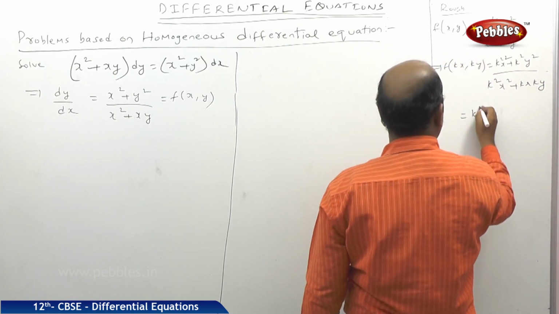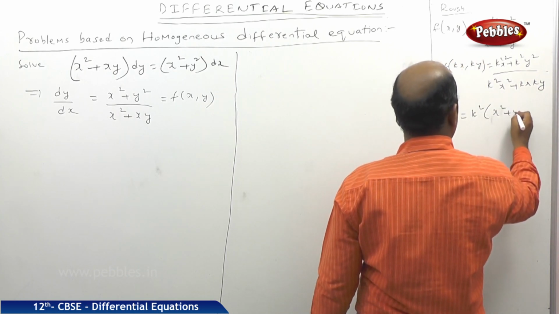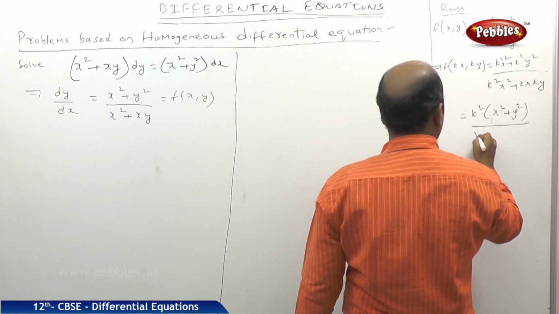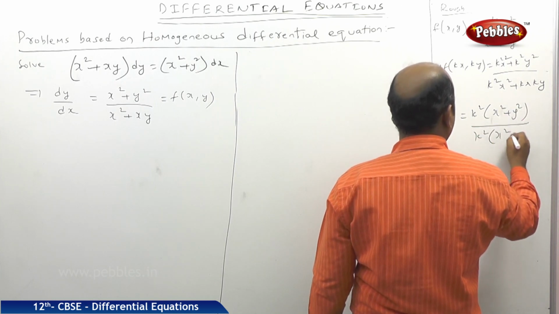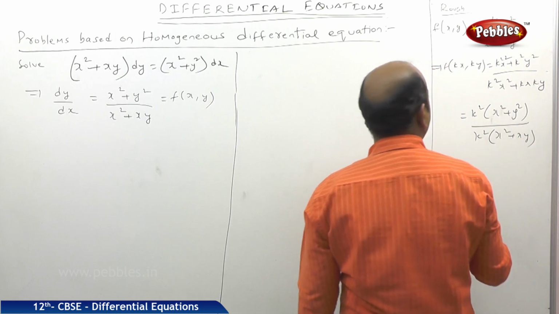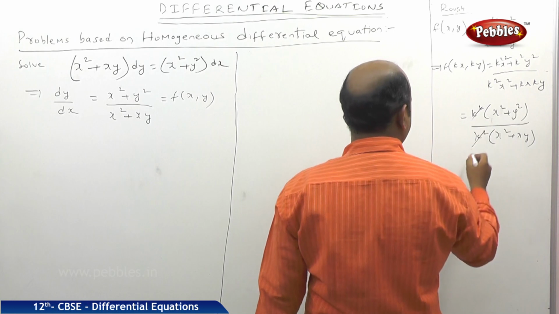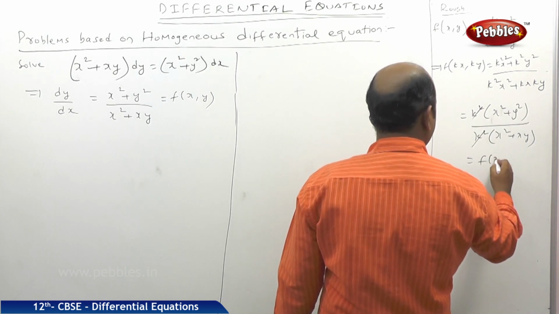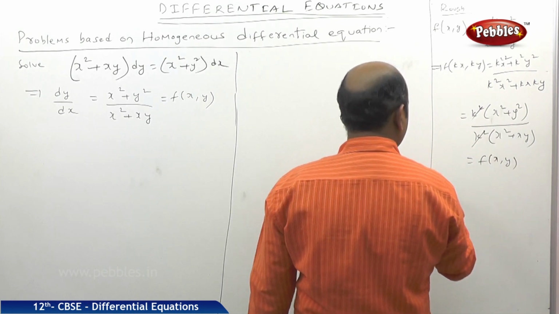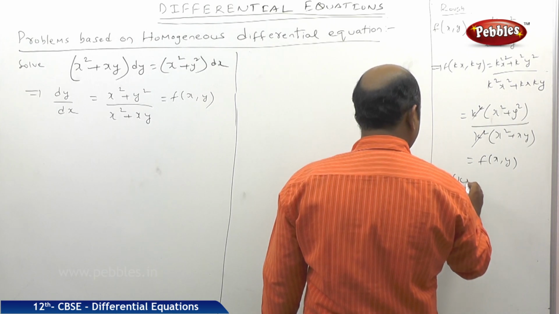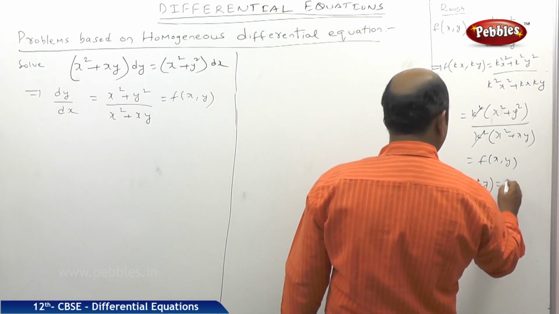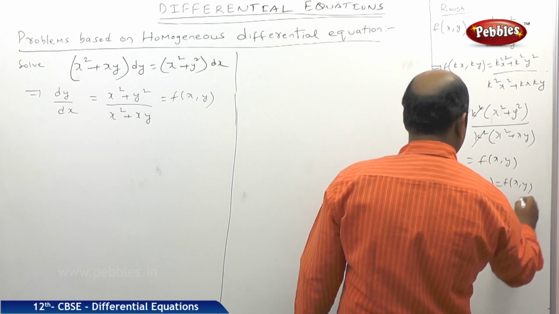So k square is common in numerator and k square is common in denominator. If you observe carefully, all k square will be getting cancelled, so there remains f of x comma y. So here f of kx comma ky is equal to f of x comma y.